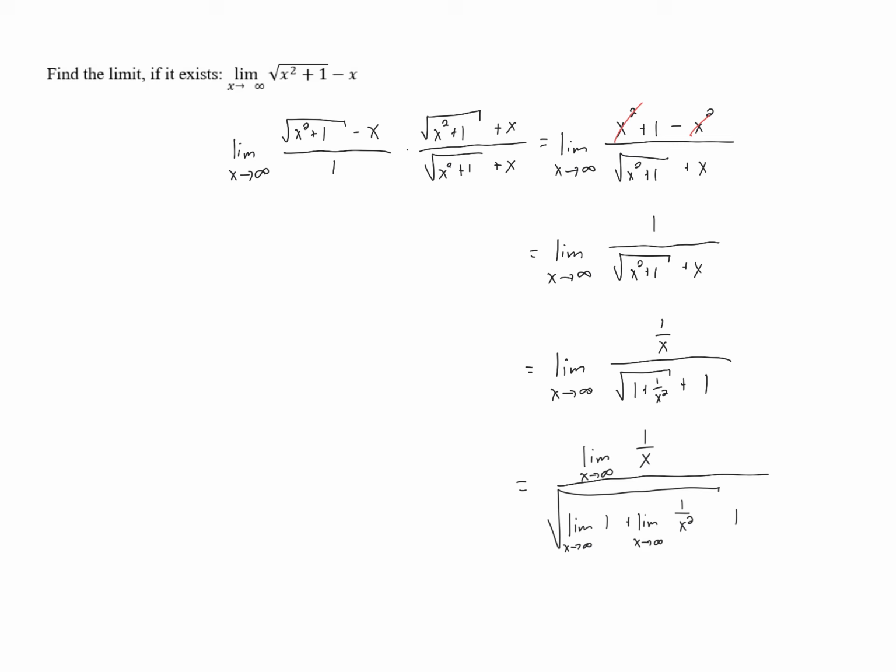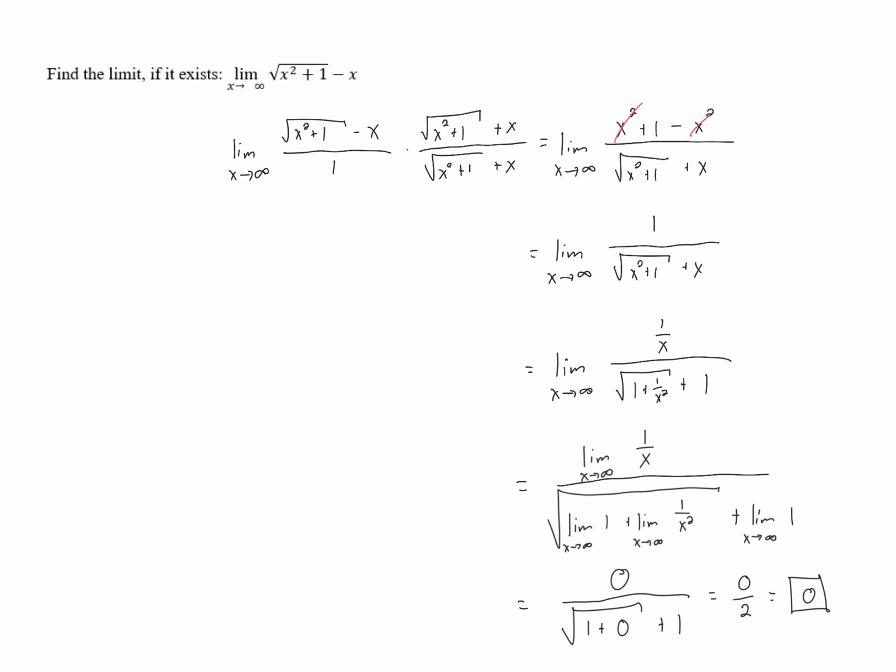And then outside of the radical, again, we have the limit as x approaches infinity of 1. And when we evaluate these limits, we end up with 0 over the square root of 1 plus 0, and then plus 1. That's going to end up being 0 over 2, which is equal to 0. So that whole limit that we had in the beginning is equal to 0.